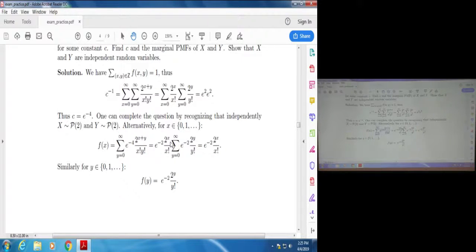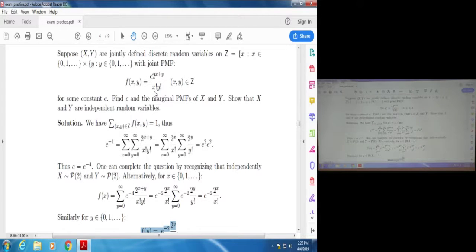I take out the terms which depend on x, and then I'm summing the rest. Well, this is 1 by construction, so this is the probability mass function of x, and you can do exactly a symmetric argument for the probability mass function of y. And then if you multiply f of x by f of y, you're going to get back f of xy.